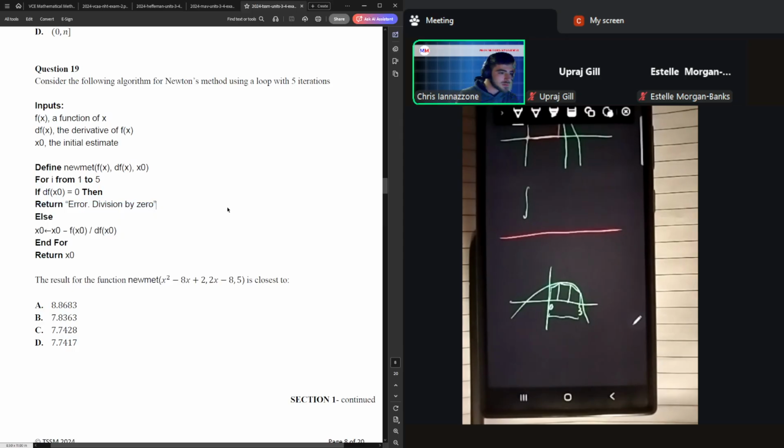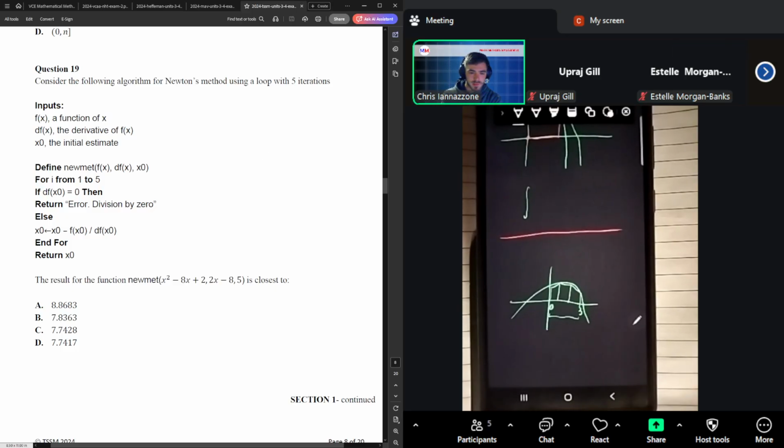Why is that bad? Why is the derivative being 0 bad for Newton's method? Okay.